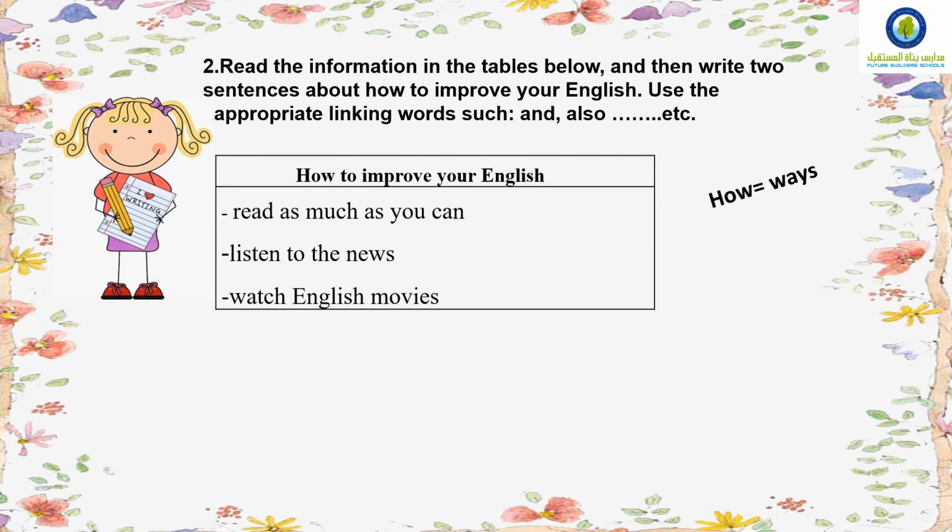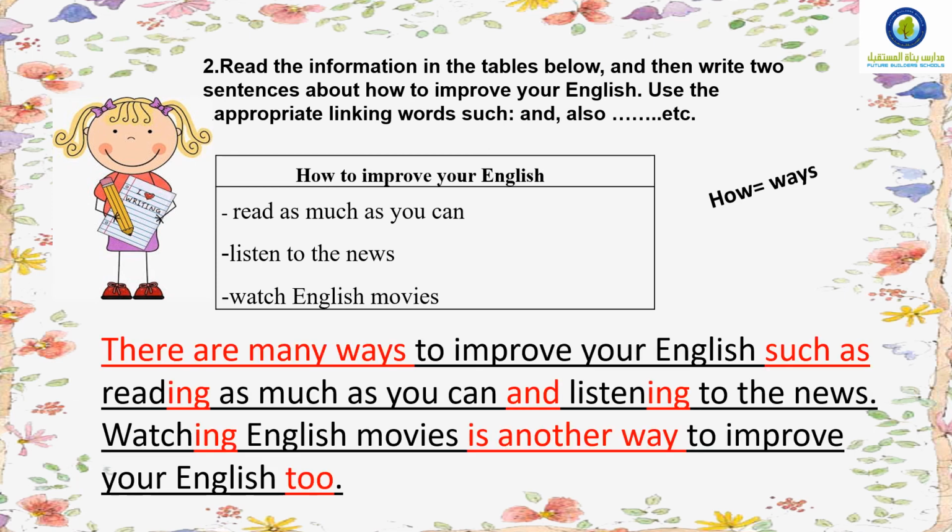Watching English movies is another way, because it's singular, is another way to improve your English too. So the correct answer is, as you can see, there are many ways. Then you add the title without how, because instead of how we put ways to improve your English, such as.